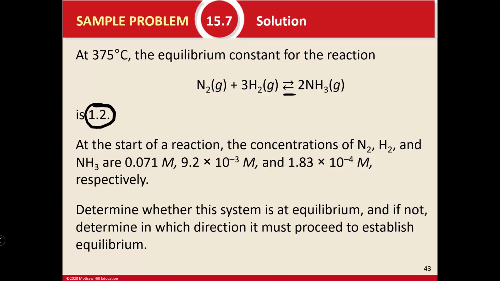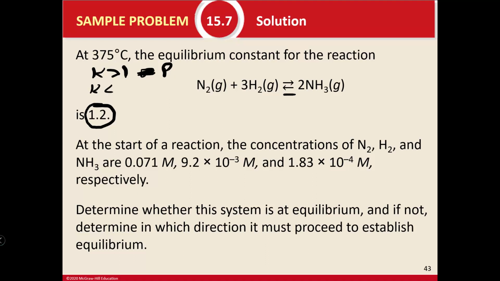That tells us that maybe the products are favored just a little over the reactants. And remember what we said, if K is really large, much larger than 1, the equilibrium lies in the forward direction. Let's do it this way: the equilibrium lies with the products. That's a better way to think of it.